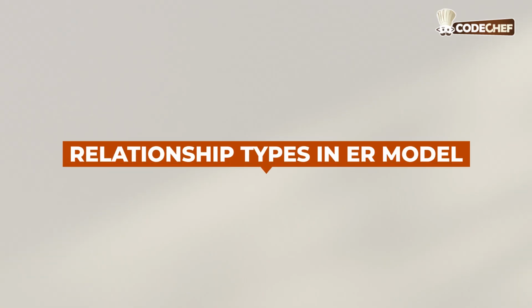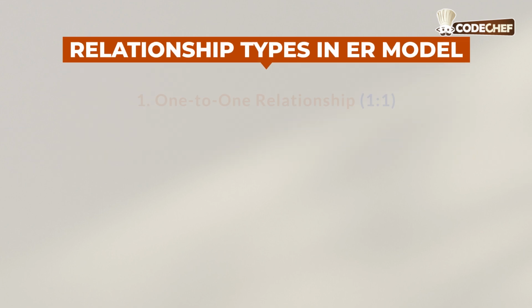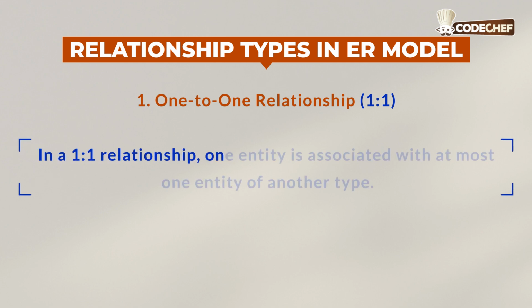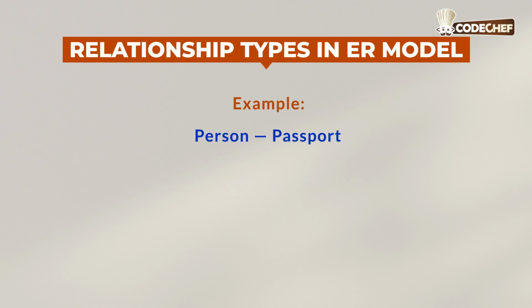Relationship types in ER model. A relationship shows how two or more entities are connected. First, one-to-one relationship, which is denoted using the sign 1:1. In a one-to-one relationship, one entity is associated with at most one entity of another type. Let's understand this with the help of an example. Person, passport.